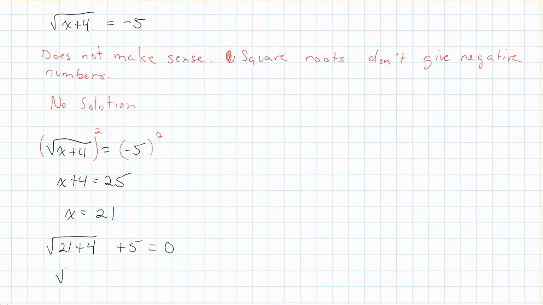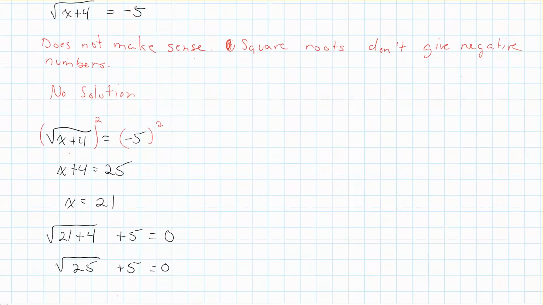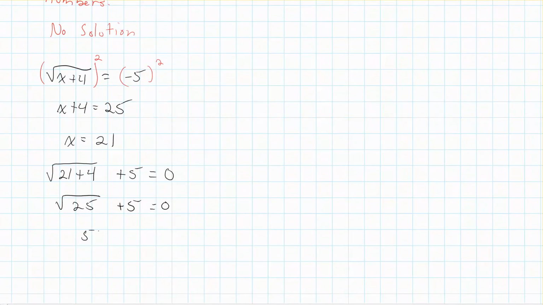But this would be the square root of 25 plus 5 equals 0, which would be 5 plus 5 equals 0, which gives you 10 equals 0, which does not make sense, and so we would still arrive at the conclusion of no solution. And what's going on is when you square both sides, this negative is disappearing, which is where the issue comes in. So you should get in the habit of checking your work on these radical ones.